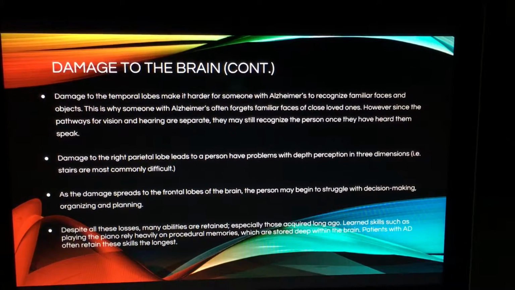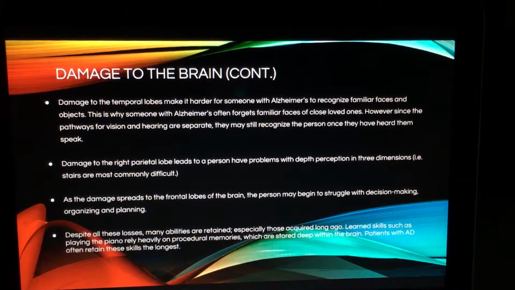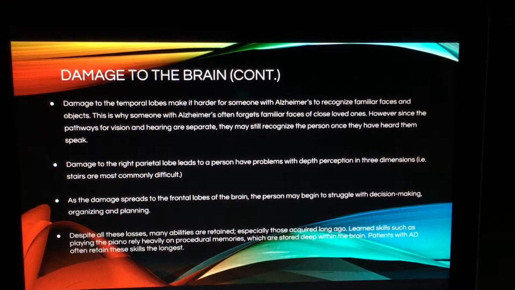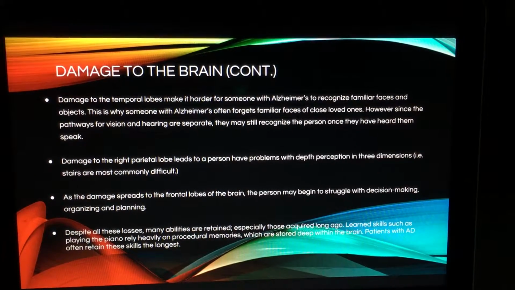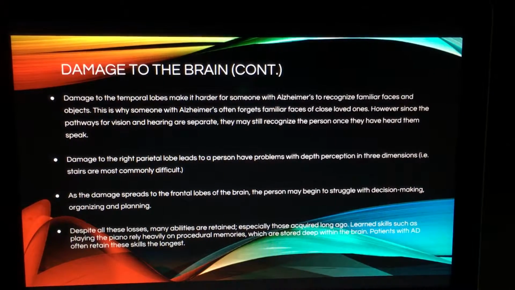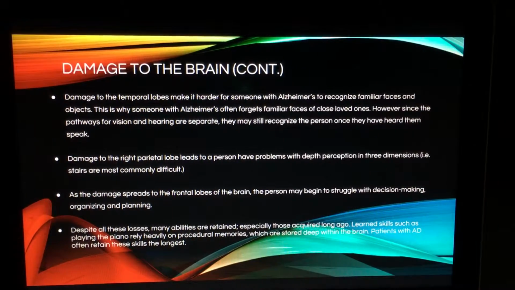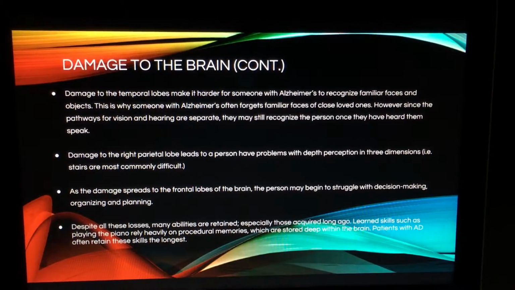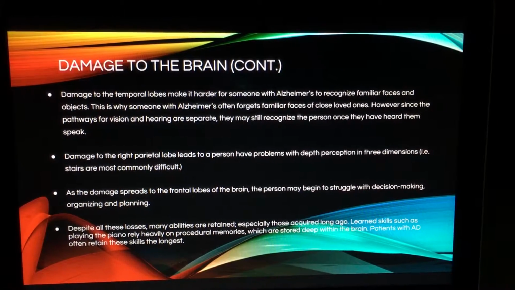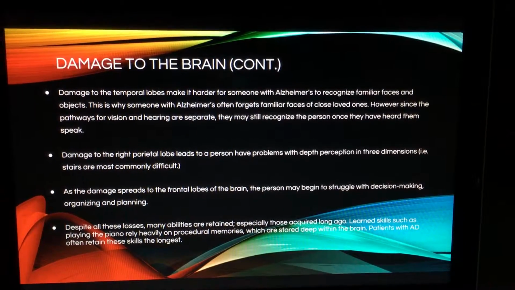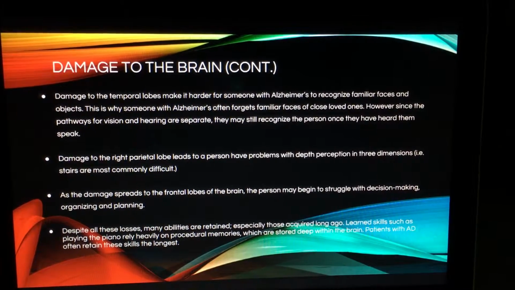Damage to the brain. Damage to the temporal lobes makes it harder for someone with Alzheimer's to recognize familiar faces and objects. This is why someone with Alzheimer's often forgets familiar faces of close loved ones. However, since the pathways for vision and hearing are separate, they may still recognize the person once they have heard them speak. Damage to the right parietal lobe leads to a person having problems with depth perception in 3 dimensions, such as stairs.